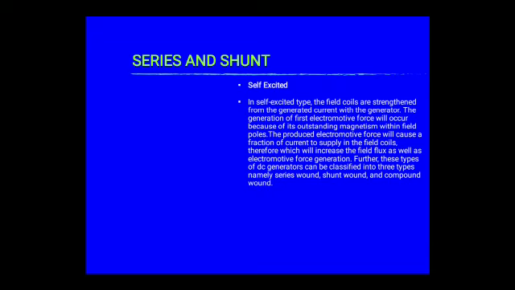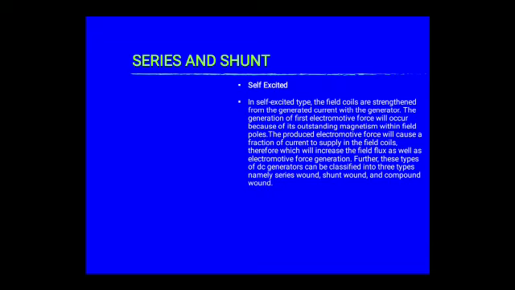What is this? Actually, at first, when no excitation is provided to the field coil, that means if there is no current produced in the armature, then the coils are not energized or the field poles are not excited.